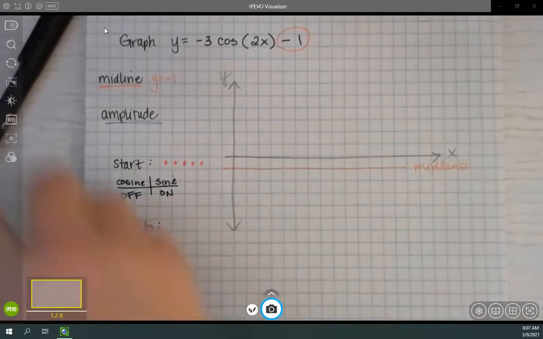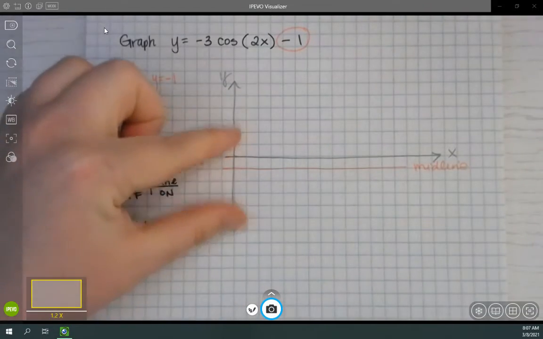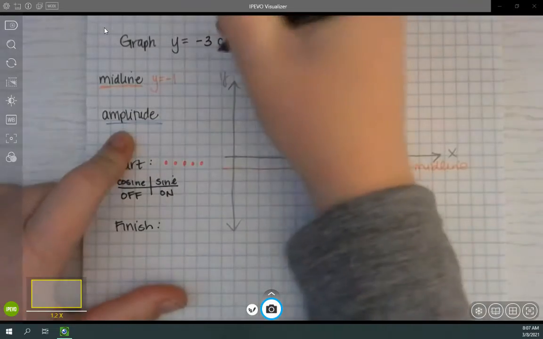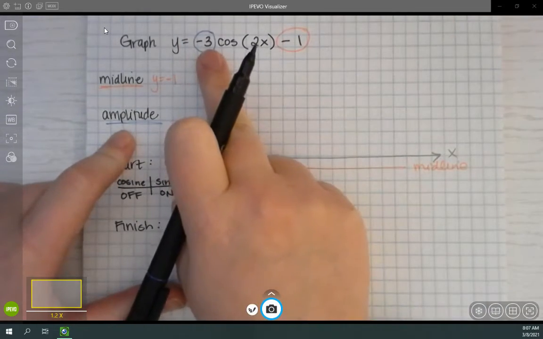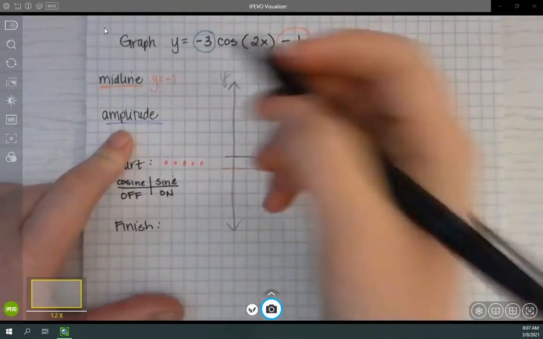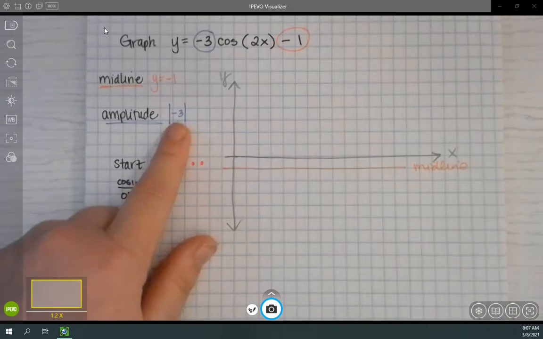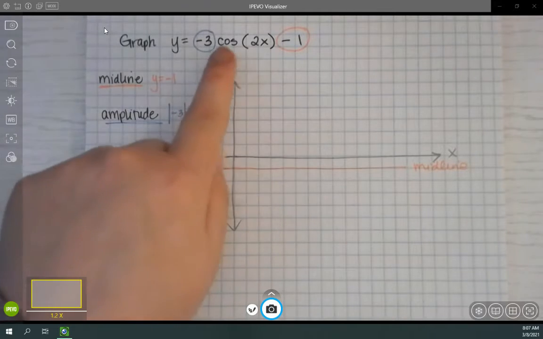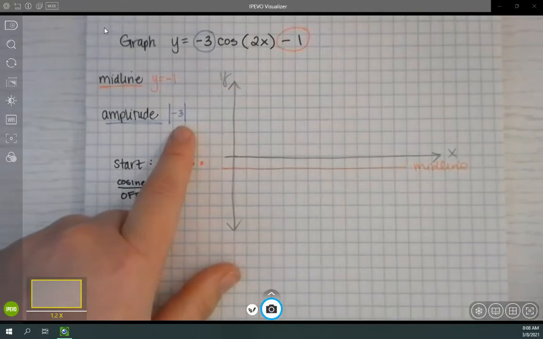Next up, we have to figure out how tall my graph is going to be. The height is my amplitude, which is my front number. If there was no number here, it would just be a 1, but they're giving me a -3. Something to remember: our distance is always positive. So if we see a negative number, just remember that it's going to be the absolute value of it.